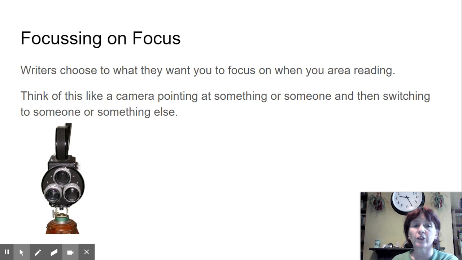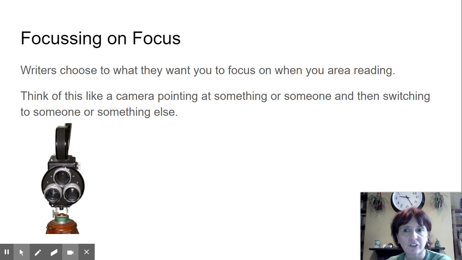I want to talk about one of those features in a little bit more detail, which is focus and switching focus. So writers choose what they want you to focus on when you're reading. Think about this like a camera pointing at something or somebody and then switching to somebody or something else. In When Did You Last See Your Father, we start by focusing on the little boy, and the camera switches to the door because there's a knock on the door.